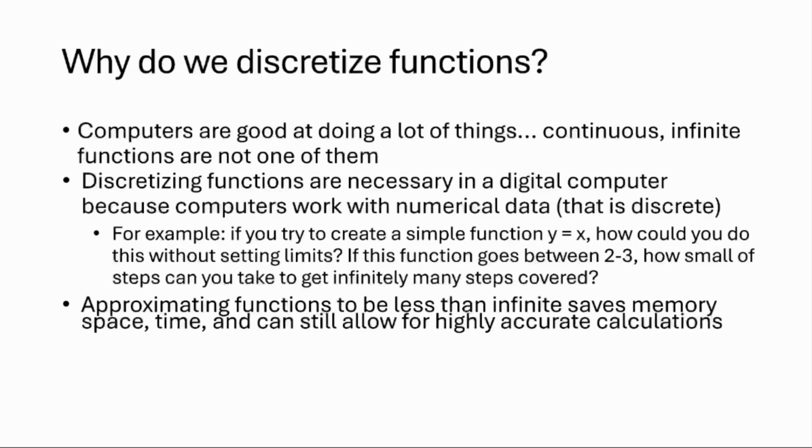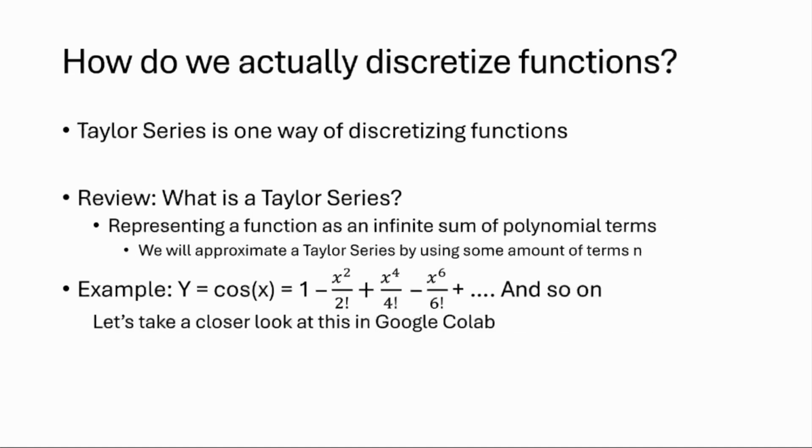And these approximating functions are really great because they allow you to save memory space and time. Your simulations will run faster, your calculations will run faster. This still also allows for highly accurate calculations, especially where we are today, even though there will always be some percentage of error. As long as you're keeping track and being careful, you're able to get really good numbers.